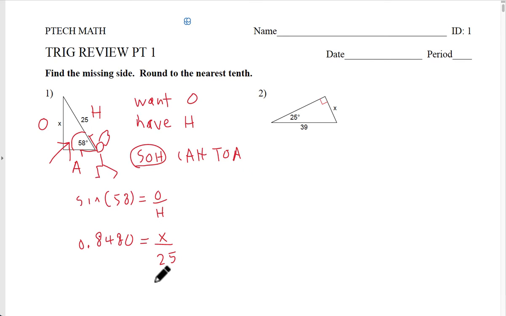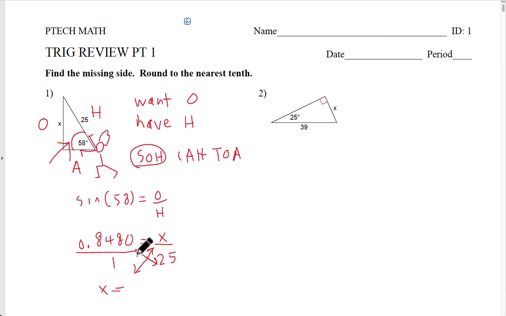Awesome. Once I have this set up, I'm going to put this over 1, and then I'm going to cross multiply and solve for X. So I cross multiply here. X times 1 is going to give me X. And then 25 times 0.8480.